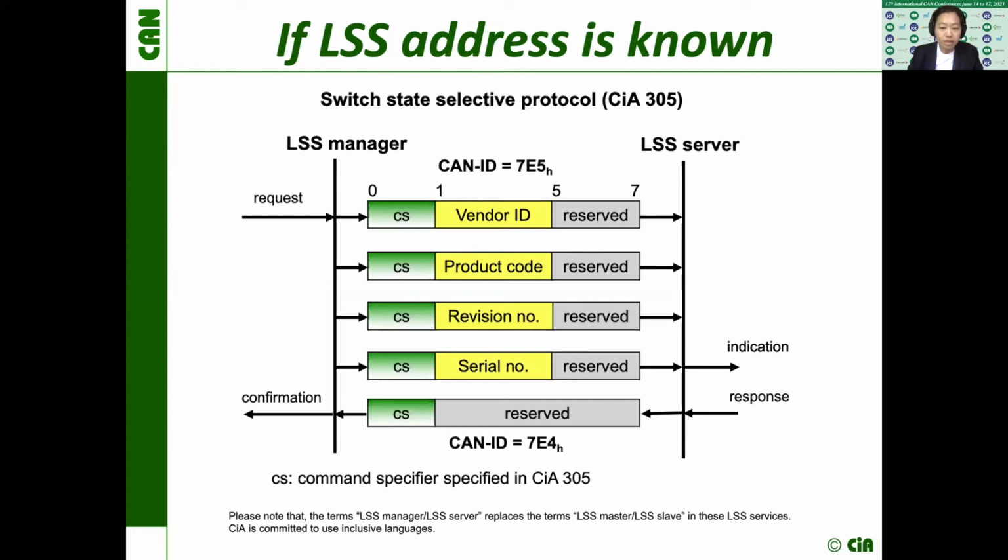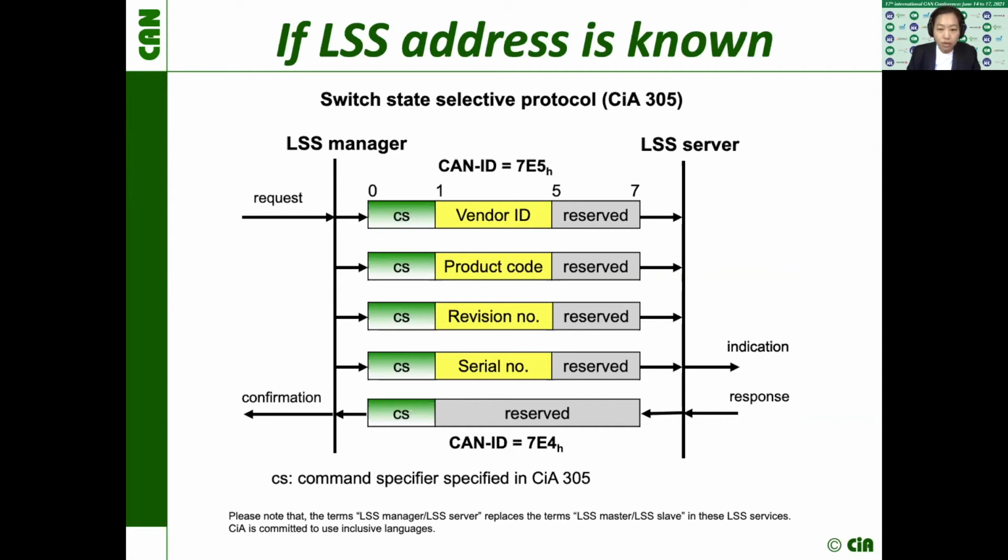Then we go back to the service. In one CANopen network, there are several LSS servers operating. For this situation, if the LSS manager knows the LSS address of one specific server, the LSS manager can address this server by means of the switch state selective service, as shown here in the protocol.